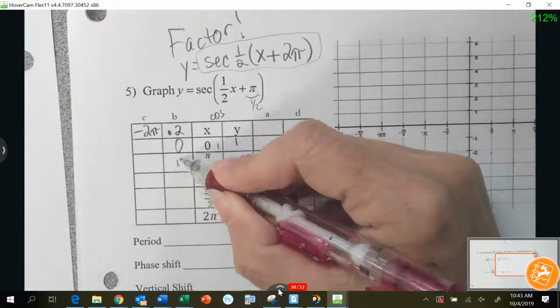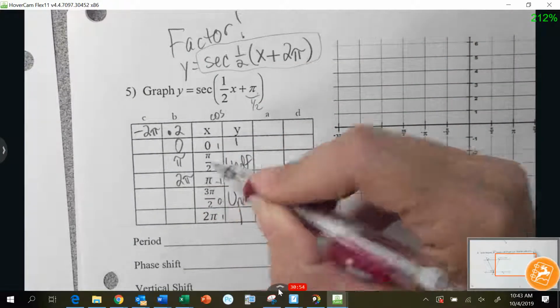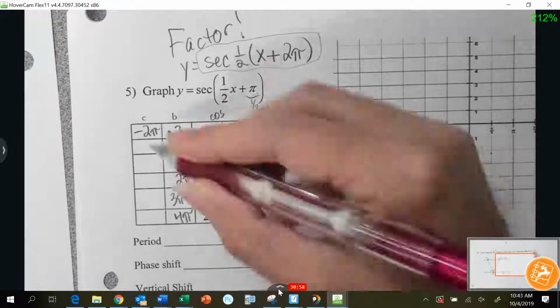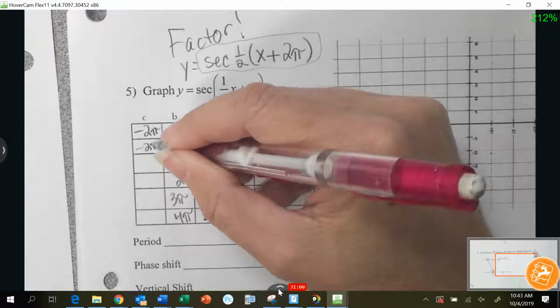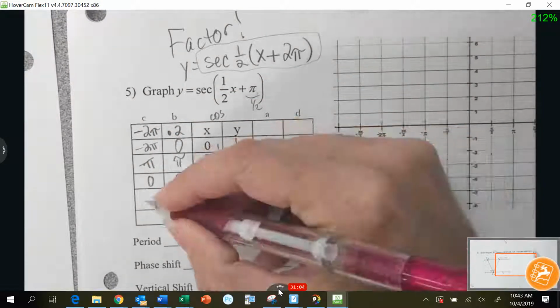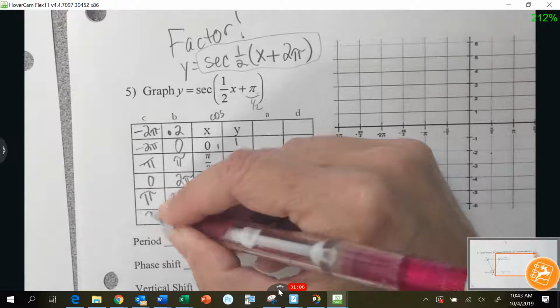So 0, pi, 2 pi, 3 pi, 4 pi. And then subtract 2 pi. So negative 2 pi, negative pi, 0, pi, and then 2 pi.